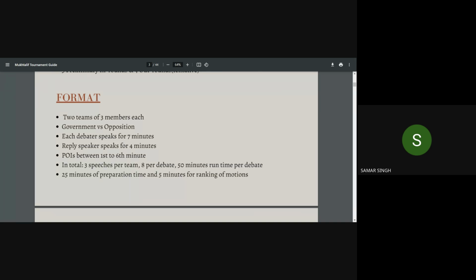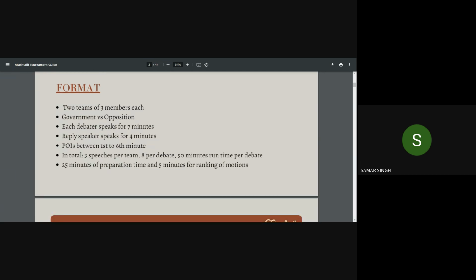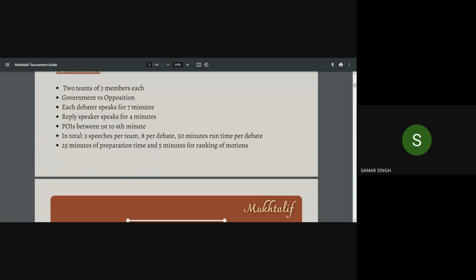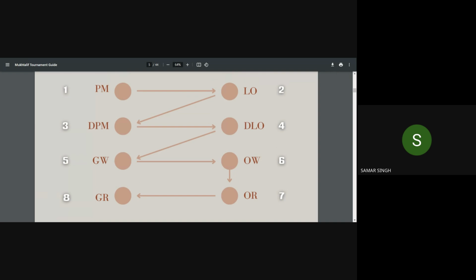We will talk more upon that motion and prep time, what that is, and what POIs are, what reply speeches are, and furthermore of the session. So no need to focus more upon this format. We will see and understand what it is at the very end of the session once again, after you know all these terms.